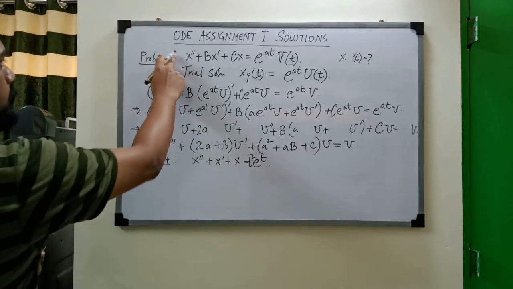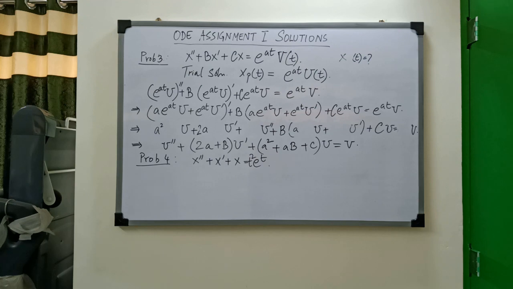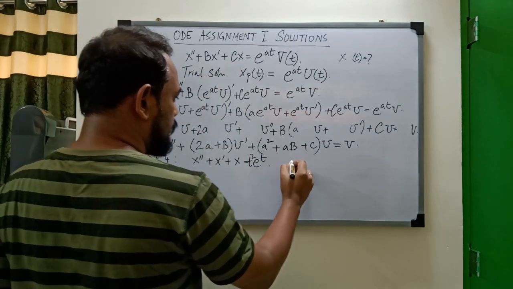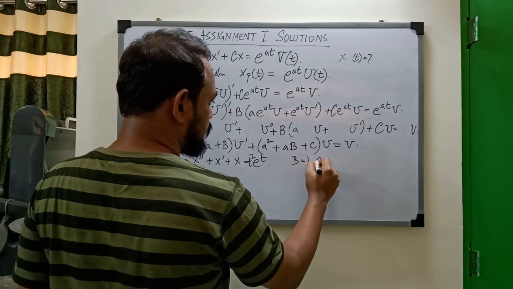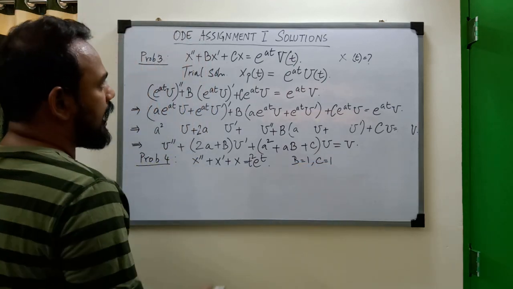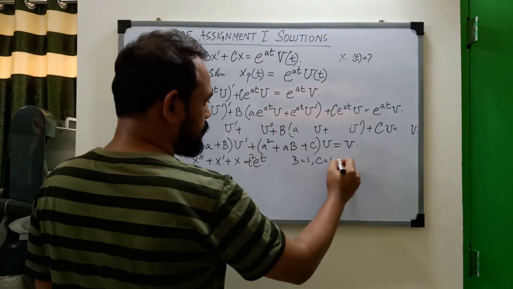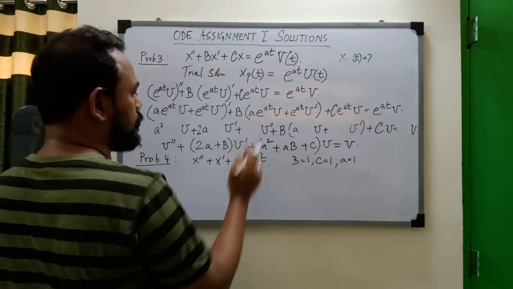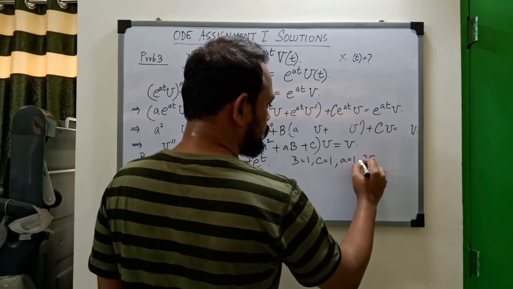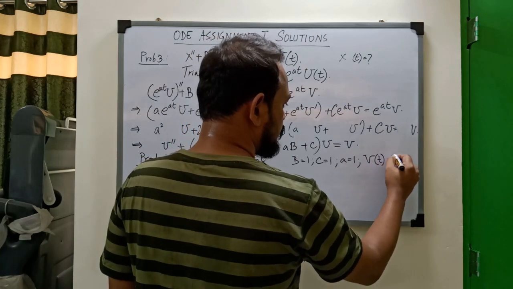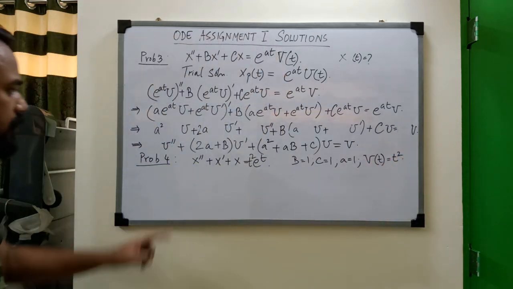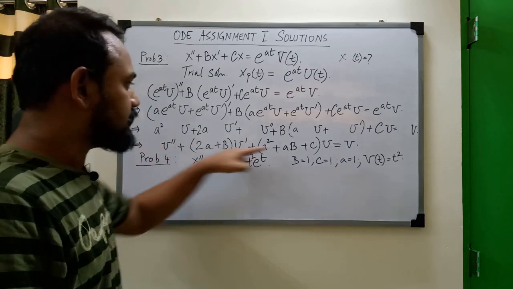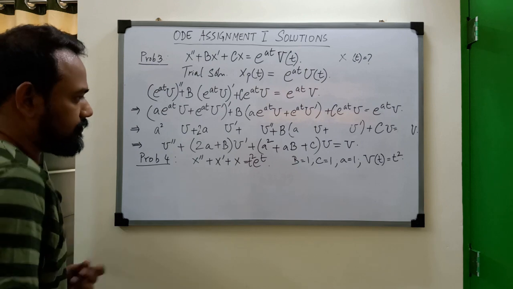So if you compare this, really what you have is your b and c are both 1, your small a is 1, but your v, this function of time, is t squared. All you have to do is to substitute this in this, and you will get your answer.